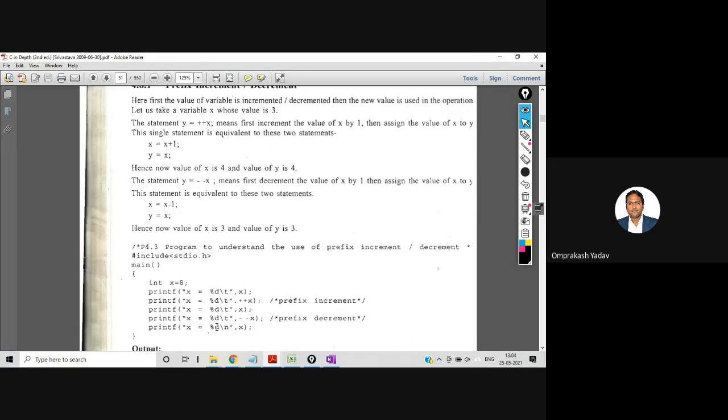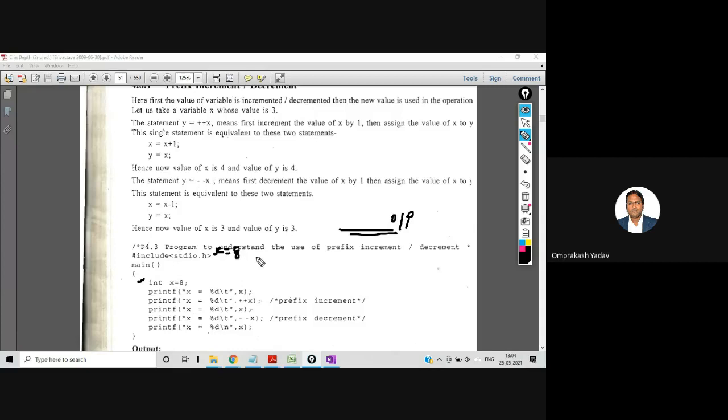Okay, so let me write this. int x is equal to 8, x will get the value 8. Now the first printf which I am encountering is x is equal to %d slash t, x. So the x value will be printed, x is equal to 8.